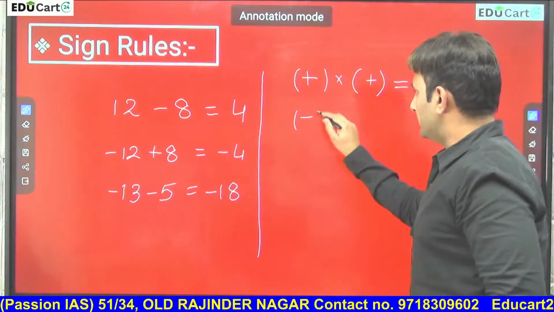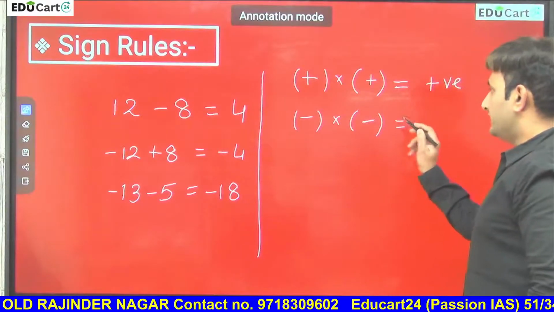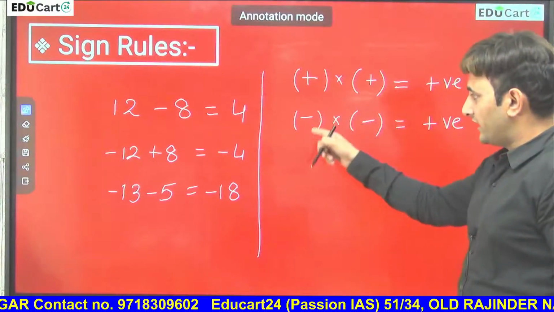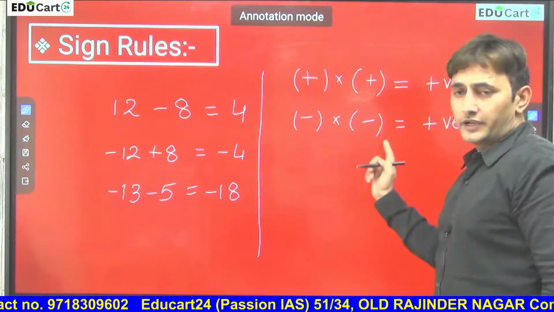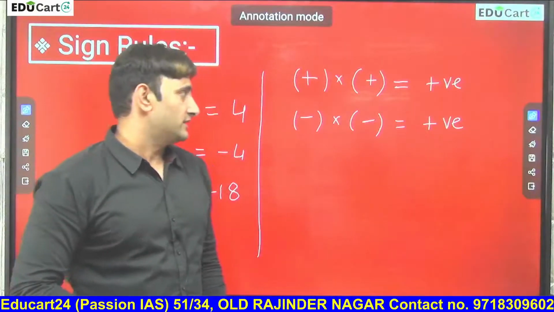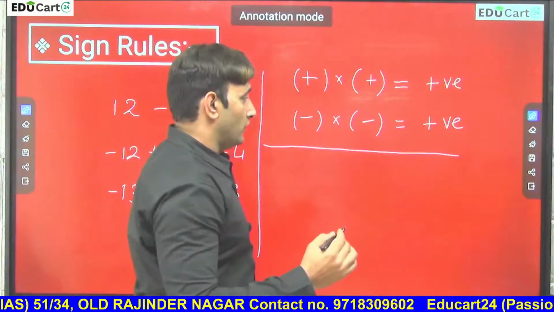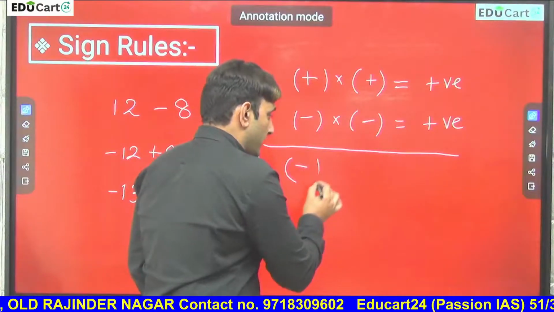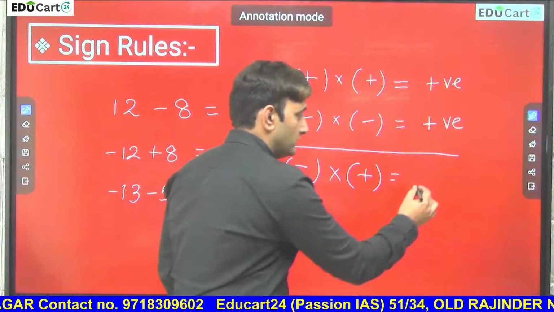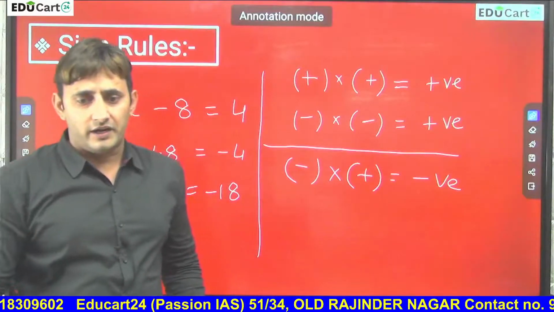A negative number multiplied with a negative number, then also answer will be positive, because when both the numbers have the same sign, positive positive, negative negative, whether you are multiplying or dividing them, sign will remain positive. Similarly, if the numbers are of opposite nature, a negative number multiplied with a positive number, you will get negative. Same will happen when we are dividing them.